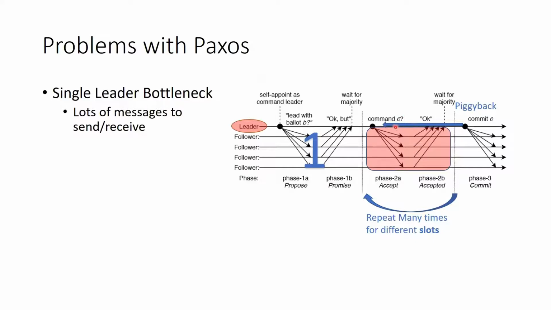So this essentially creates a bottleneck at the leader, where it sends many messages and receives many messages. Compared to that, a single follower will receive one message and send one message in a given Paxos instance, communication round, or Paxos slot. So the leader has a lot more messages going through it than the follower nodes. This makes the leader the biggest bottleneck in the system.